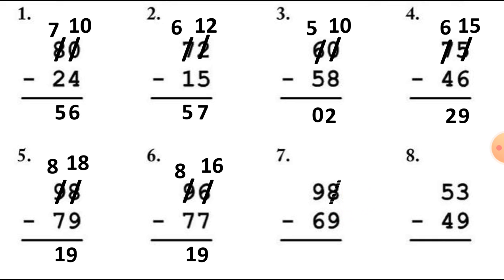So we have to cut 8 number first and then add 10 number into the 8. So 10 plus 8 is equal to 18. So here the 18 number will come. Now we can easily cut this 9 number from this 18. So 18 minus 9 is equal to 9.